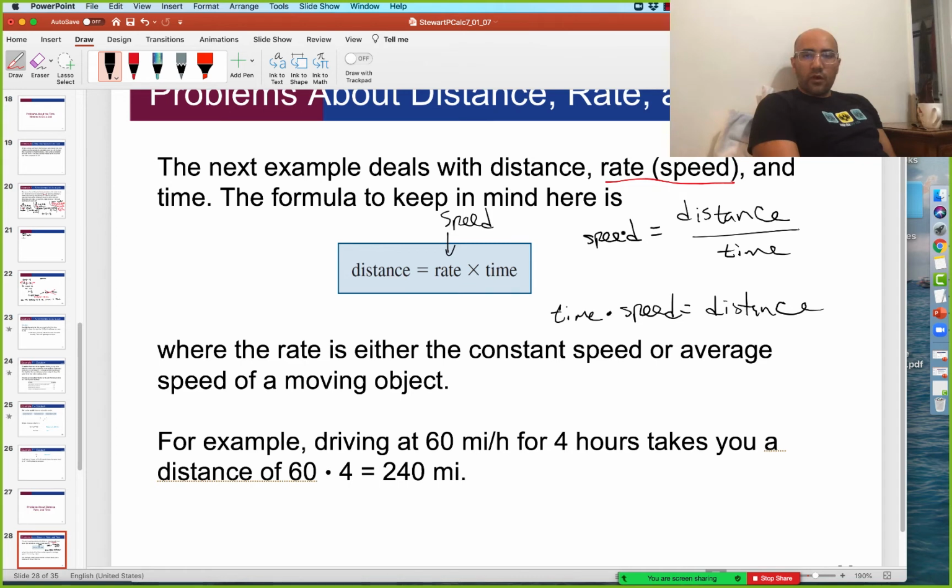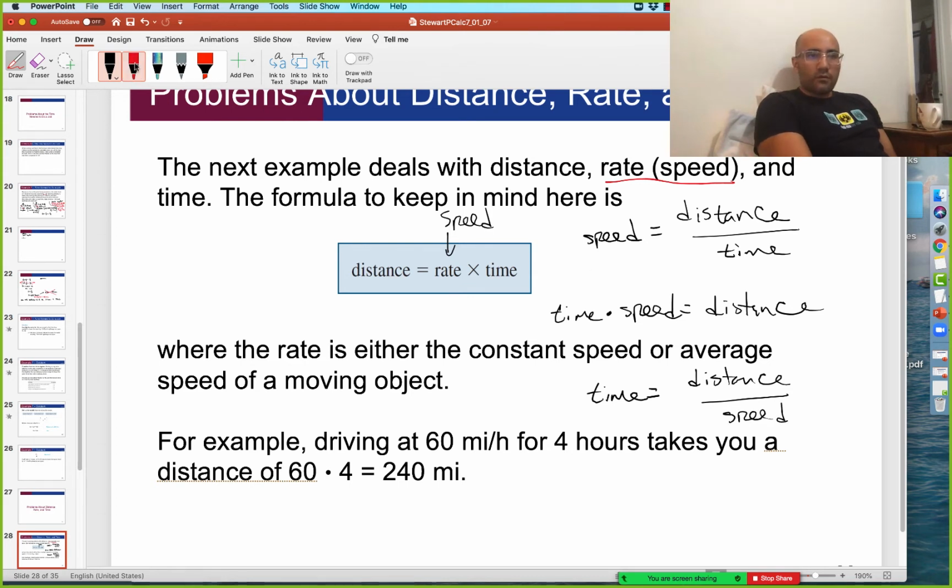And then we've solved for speed. We've solved for distance. We can also solve for time. If we divide both sides of this equality by the rate, we get to solve for time. So divide everything by the rate, or the speed, and we get the other version of this, which is that time is equal to the distance traveled divided by the rate or the speed.